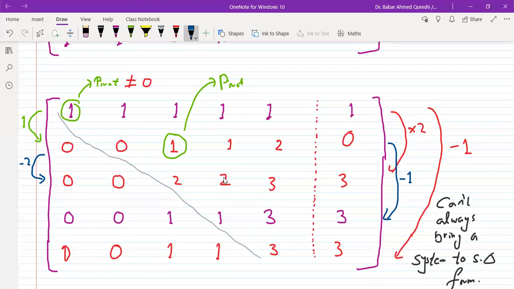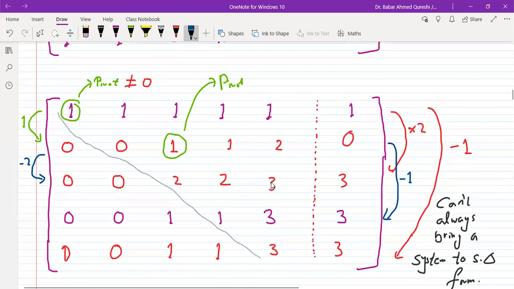But you can see that you will also get all zeros over here in the fourth column as well. So again, you were expecting a pivot here, you won't get it. You will have to move to the next column, this one, because all these guys have become zero.